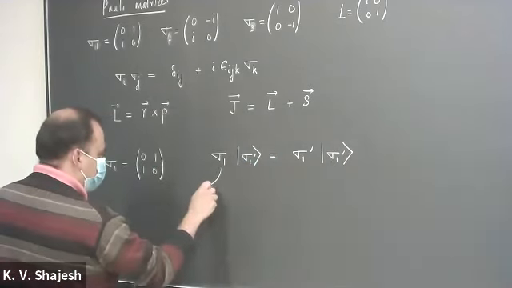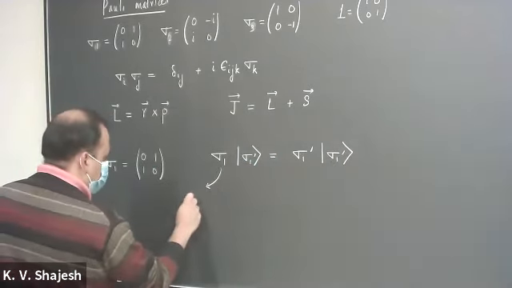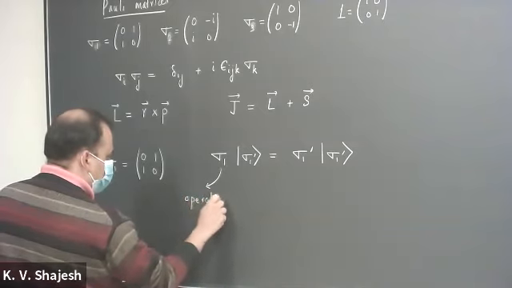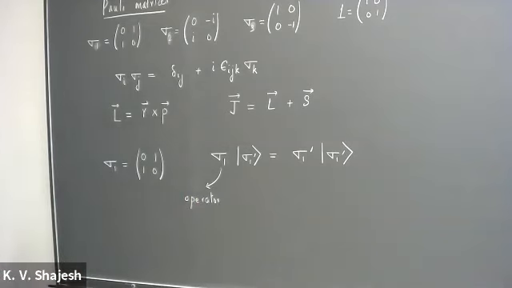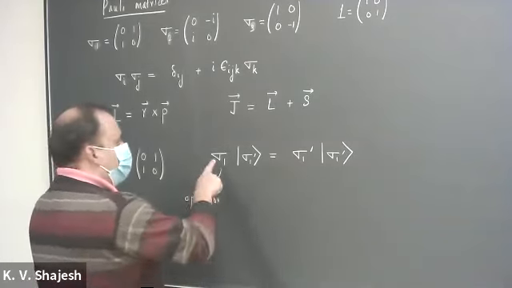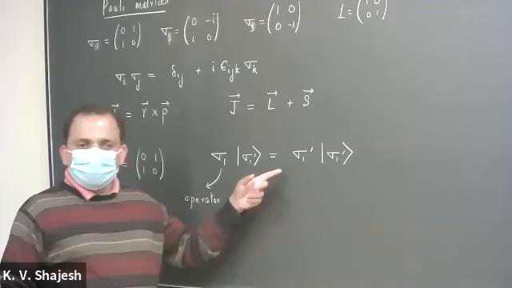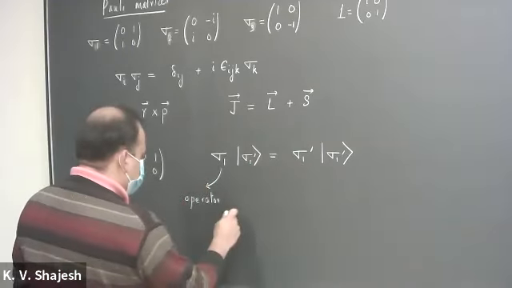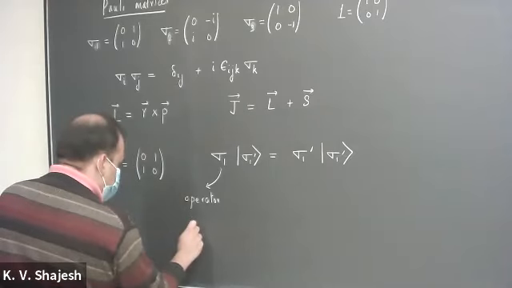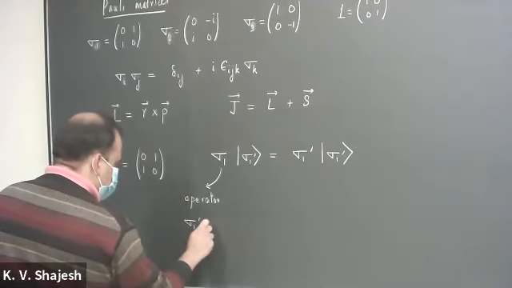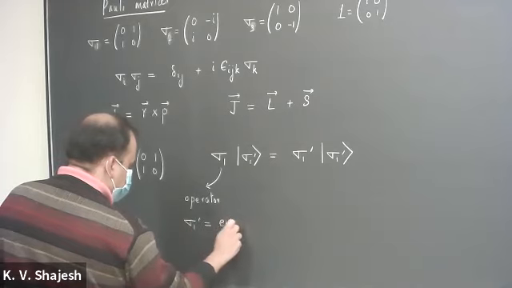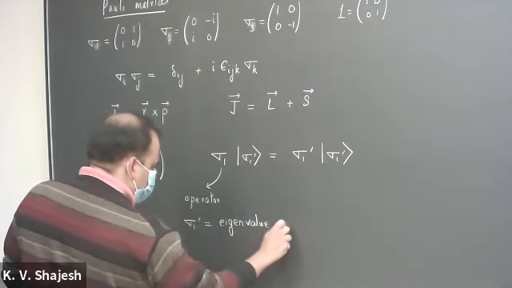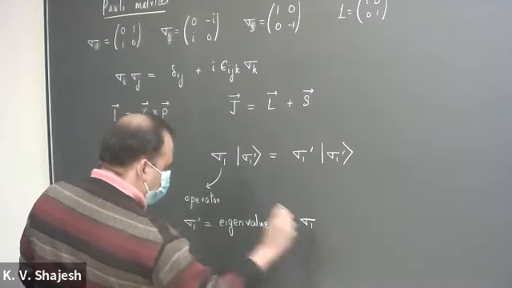So this is a matrix or an operator. Whenever I put a prime on the quantity, this is the eigenvalue of sigma 1. So sigma 1 prime is the eigenvalue of sigma 1. Is that clear?